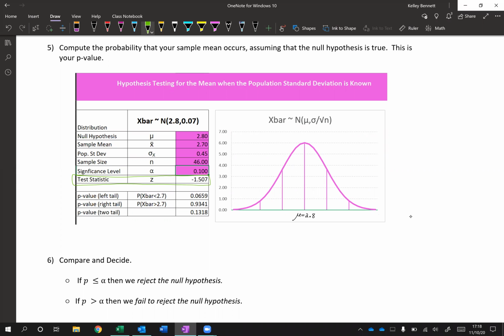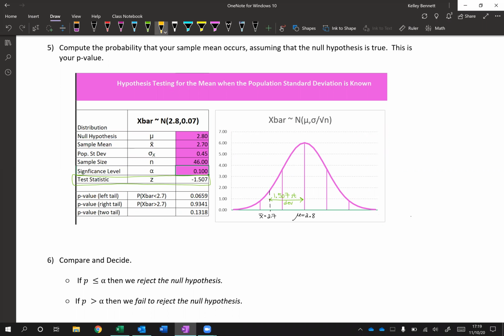It is telling me that X bar is about 1.5 standard deviations away from mu. Each of these lines gives me a standard deviation, so let's call it about here. X bar is 1.507 standard deviations below, or left of, the mean.